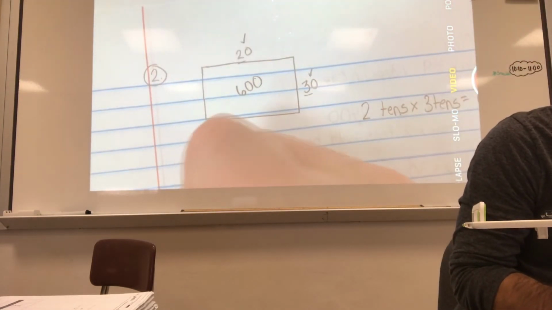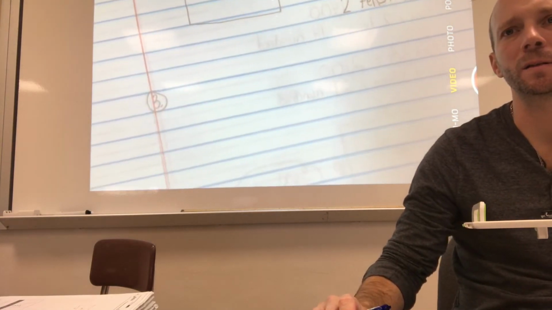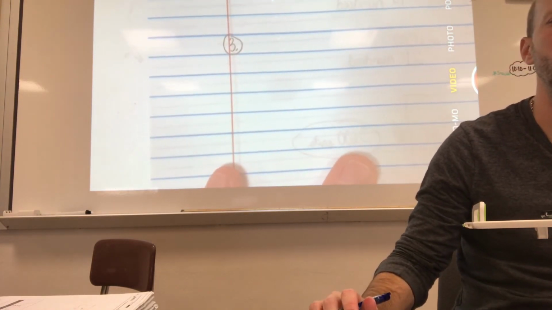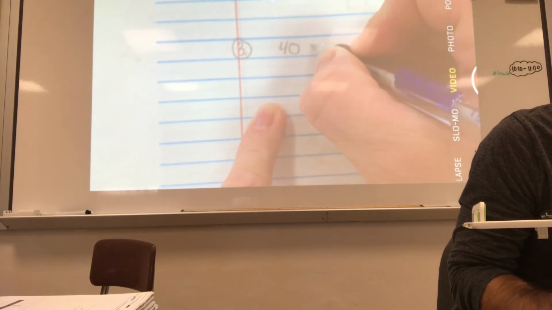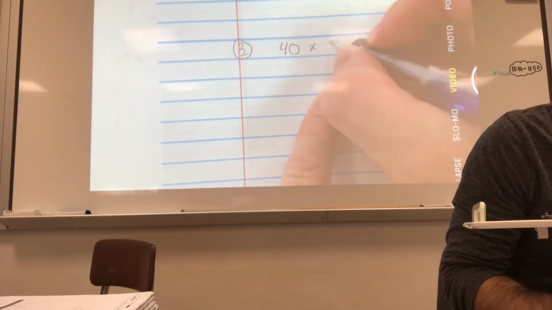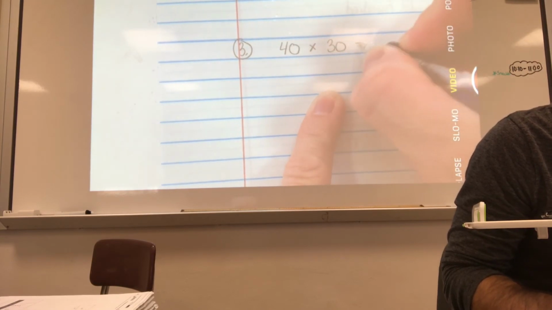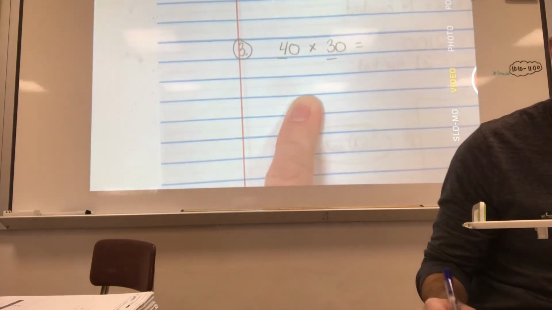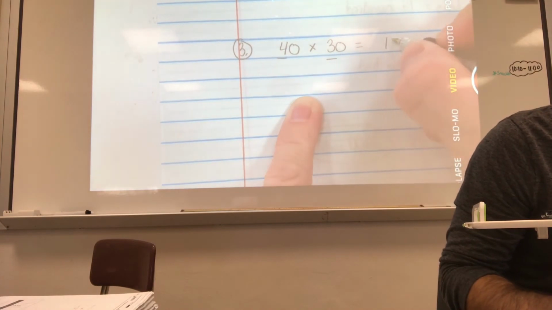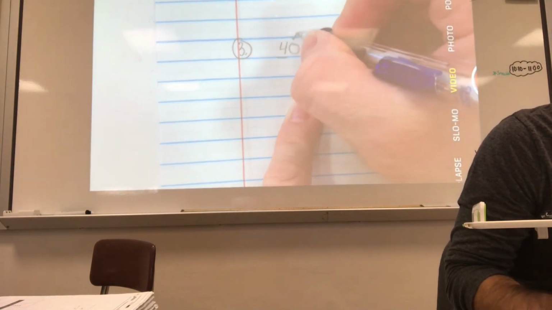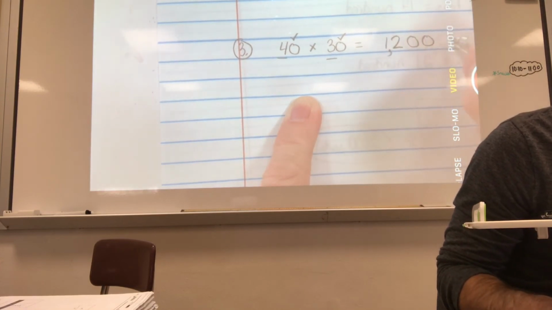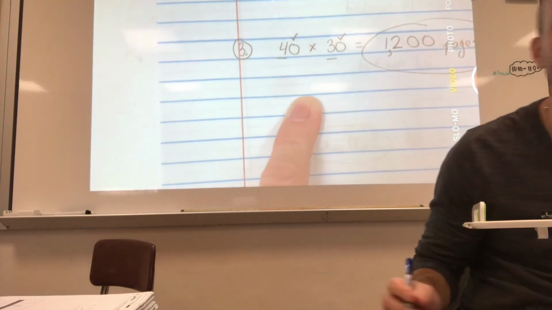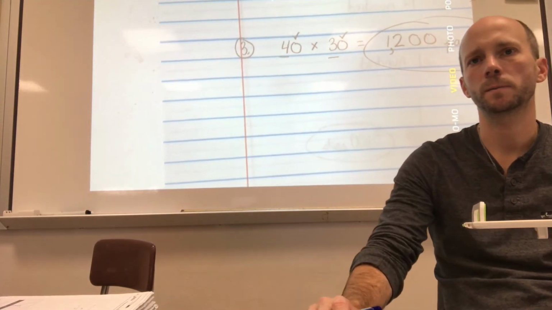So question number 3, Eloise reads 40 pages, and that's 30 nights. 4 times 3 is 12. Count my zeros, 1 and 2. That gives me 1,200 pages Eloise reads. Okay?